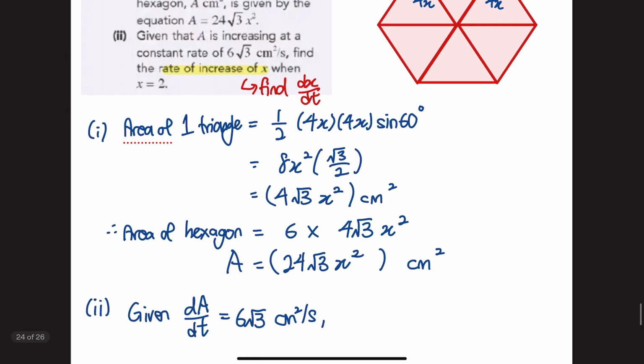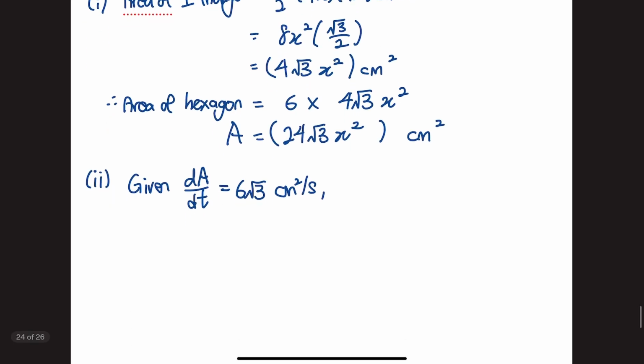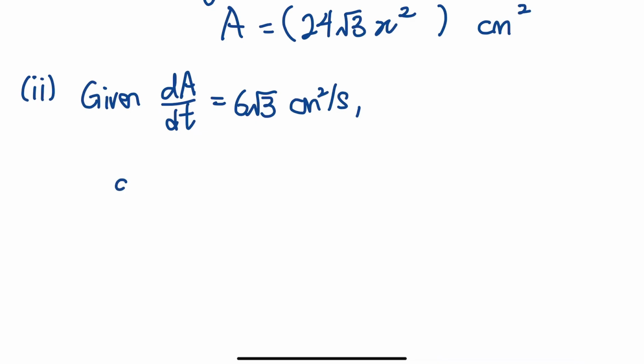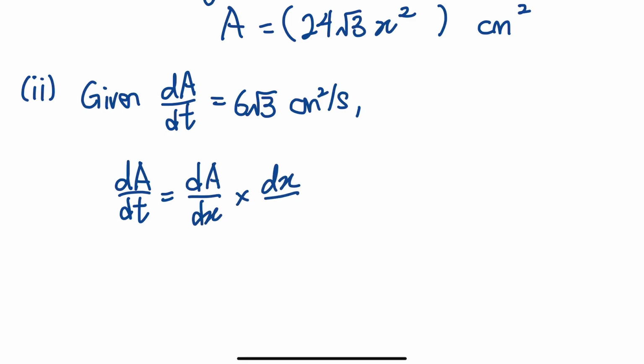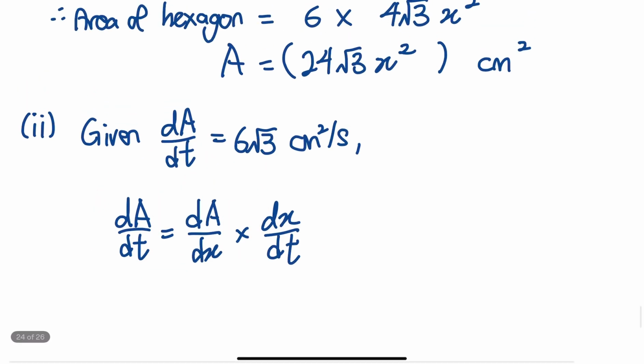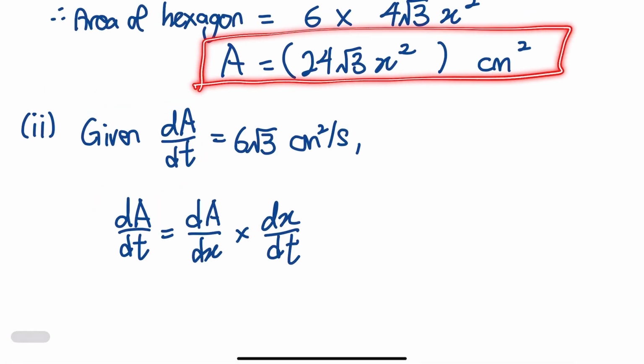So I can first form my connected rate of change equation. I know that dA over dt is simply equal to dA over dx times dx over dt. I know this information and I want to find this. So now I must find dA over dx first. A is given by this equation over here.